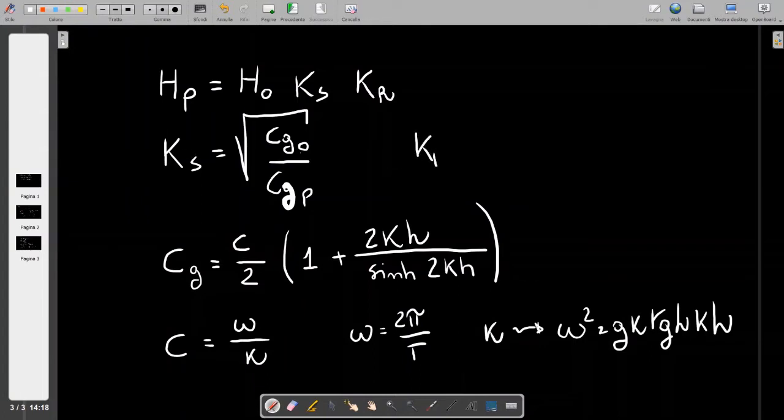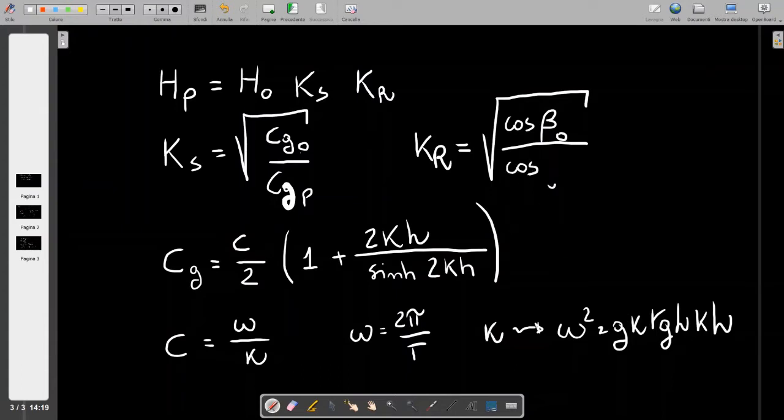The refraction coefficient is equal to the square root of the cosine of the angle of propagation at the point located offshore over the cosine of the direction at the point located inshore.